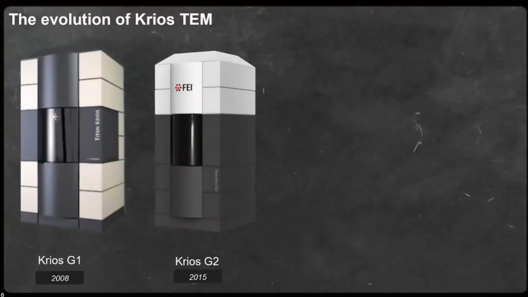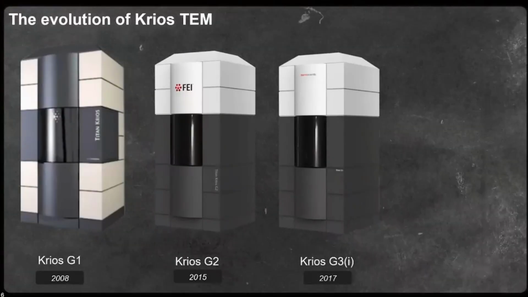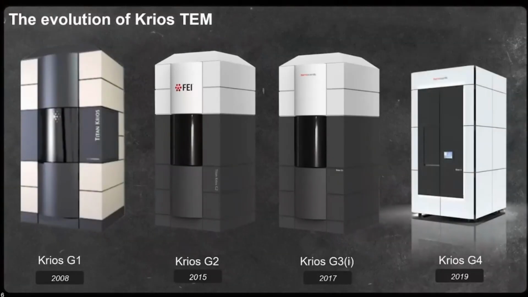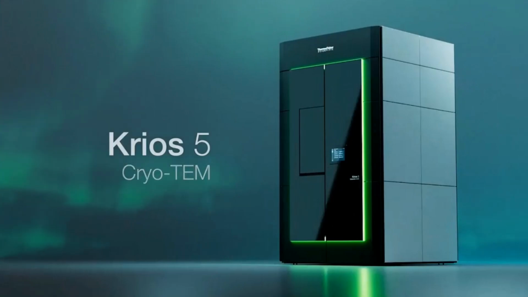In 2015, the second generation emerged on the market, followed by the third generation in 2017. In 2019, we introduced a system which was smaller in appearance, especially in height, with a smaller footprint and also a different look and feel. That was the Krios G4. And now, in 2025, we release the next generation Krios instrument, which is called Krios 5.